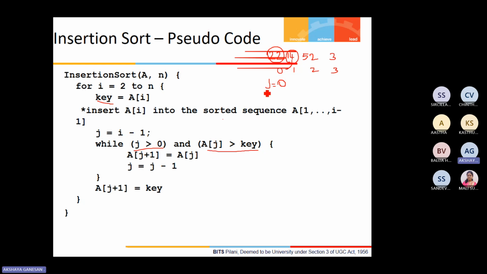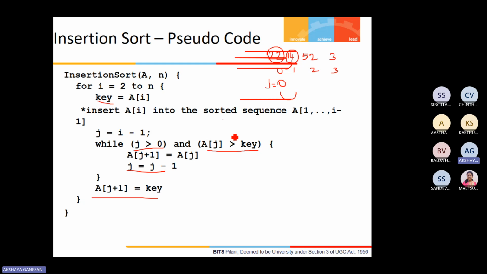So you shift A of j to A of j plus 1. So A of 0, that is this 22, is shifted to the next position, j equals j minus 1. All the elements are shifted one position. In this case, it is only one element, and at j plus 1, the key value is added.